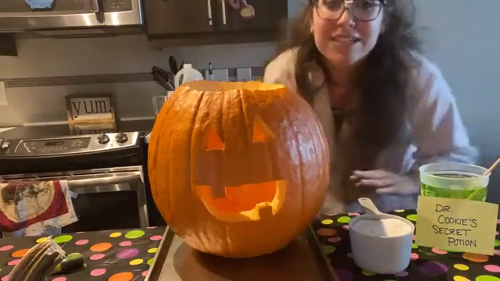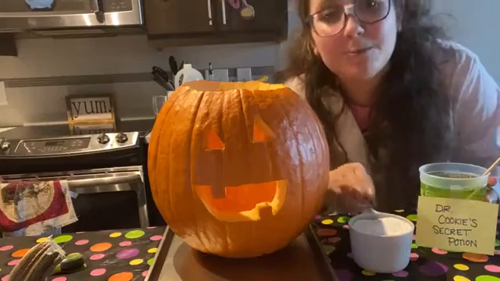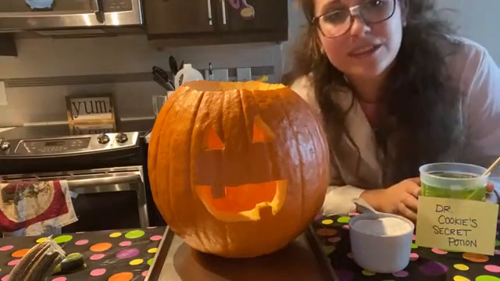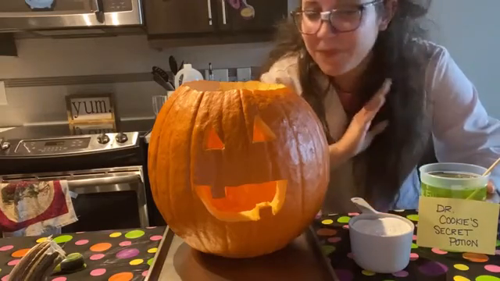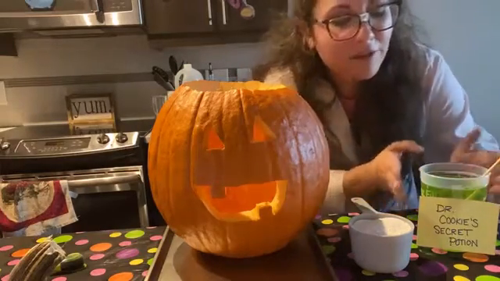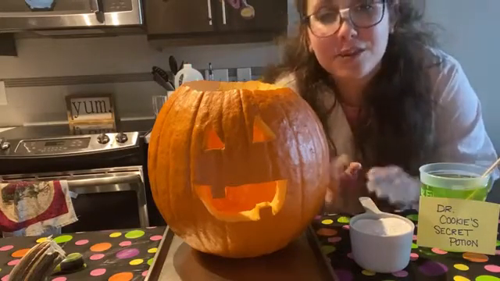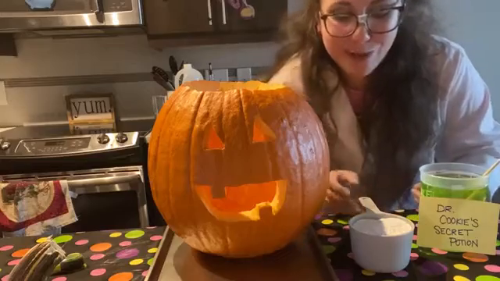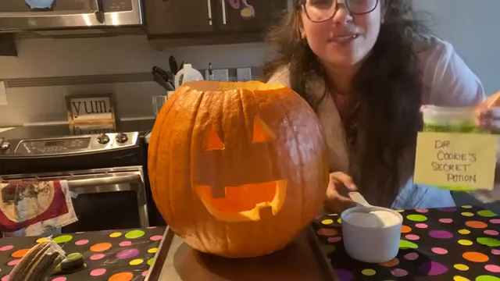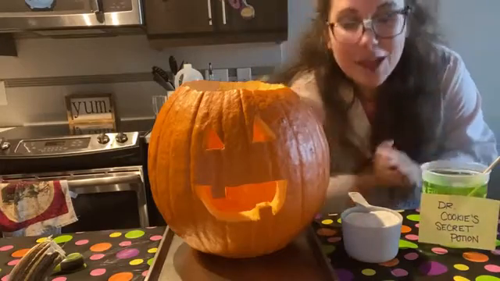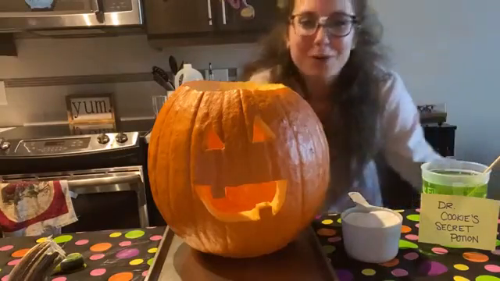Now, like I said, the details online said 1/3 cup of baking soda and 2/3 cup of Dr. Cookie's secret potion. As long as you have double the secret potion to what you have of baking soda, you are okay. So I am using 1 cup of baking soda and 2 cups of Dr. Cookie's secret potion.